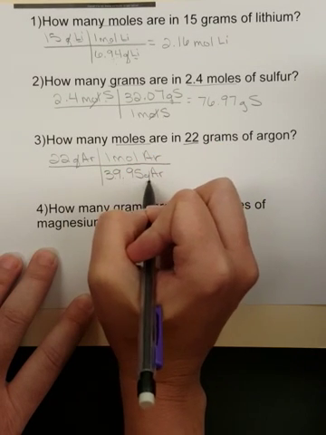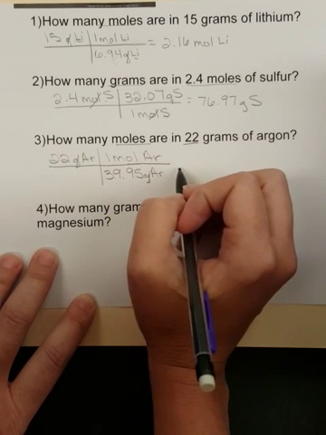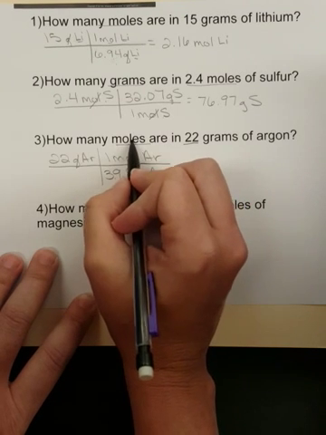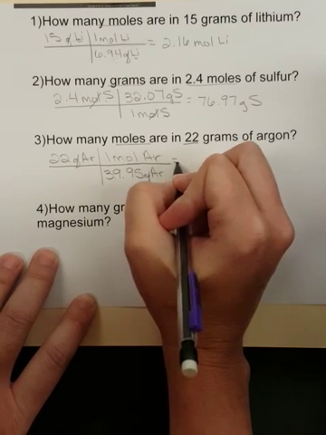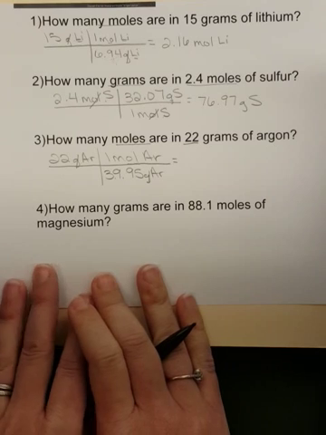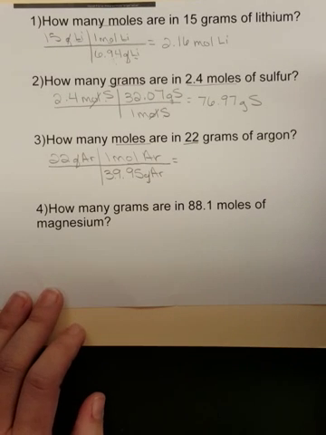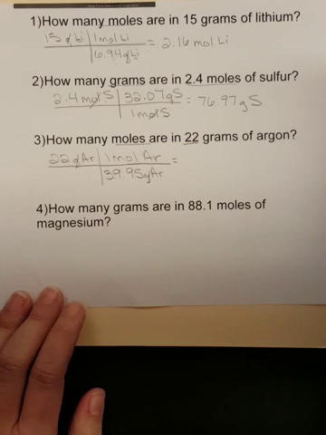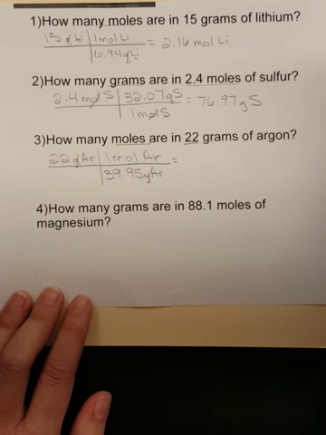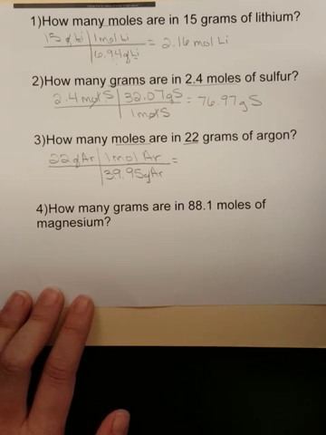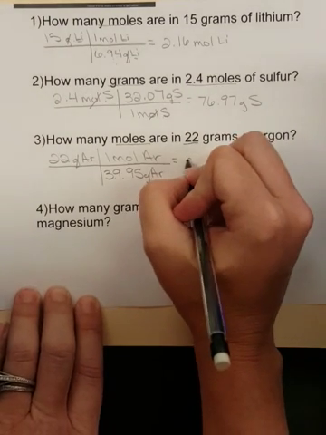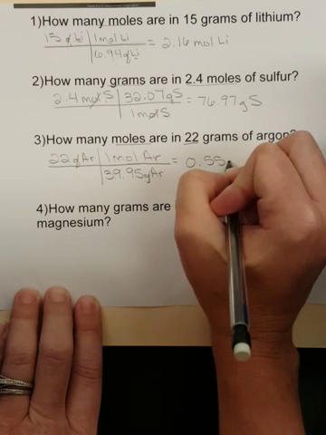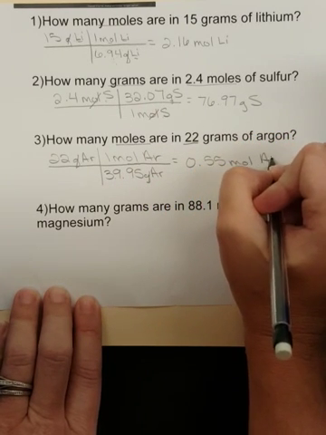Grams cancel. I have moles in my last box. It's asking for moles, so I can stop. Now I get my calculator and punch in 22 times 1, get an answer, divide that by 39.95, and you should get 0.55 moles of argon.